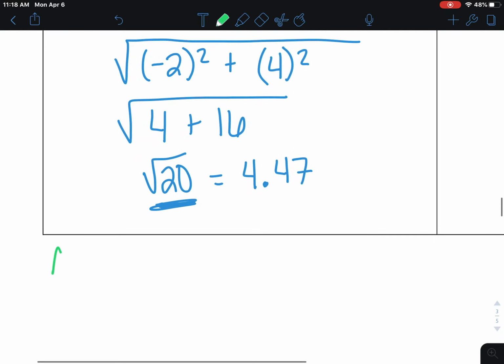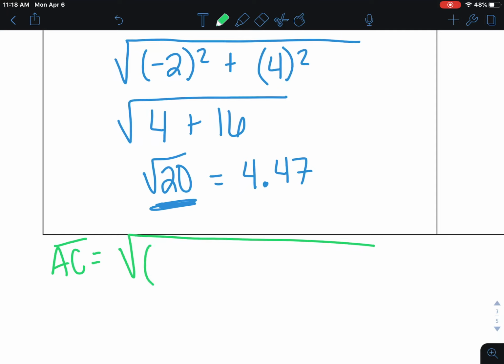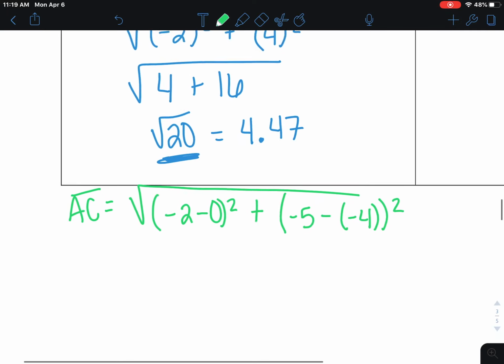Okay, so AC is the square root. We'll do the difference of the x's squared. So we have -2 minus 0 squared plus the difference of the y's squared, which is -5 minus -4 squared.